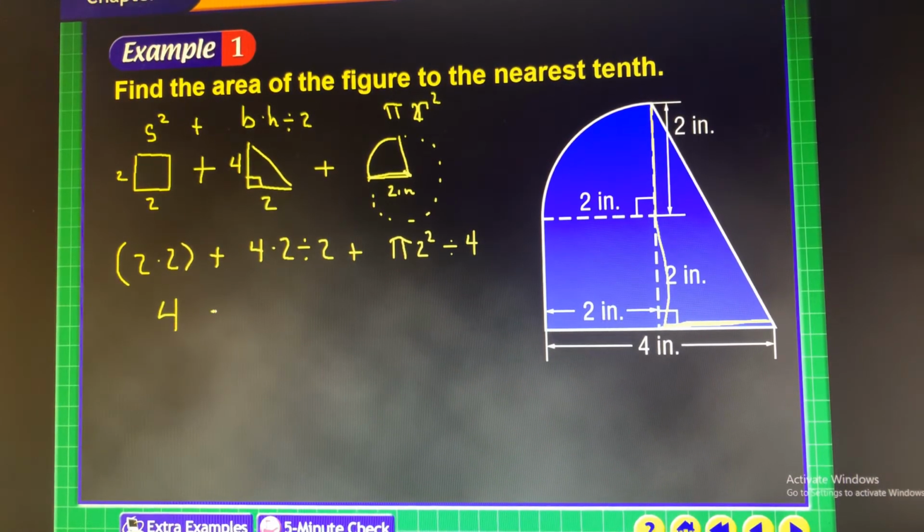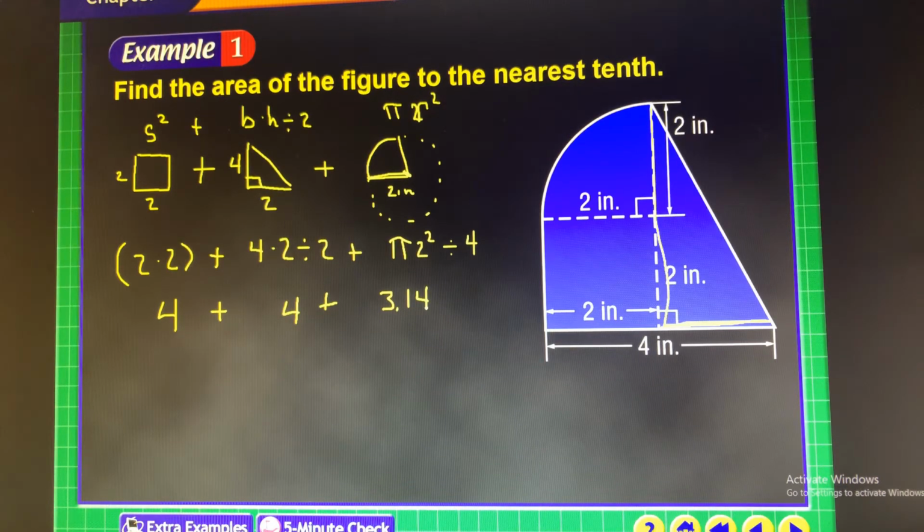So let's see what we have. We have 4, plus 4 times 2 is 8, divided by 2 is 4, plus, let's do this one, pi times 4 divided by 4 would just be pi, so approximately 3.14. So you're just going to add those all up: 4 plus 4 plus 3.14.